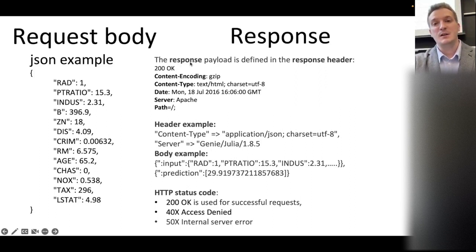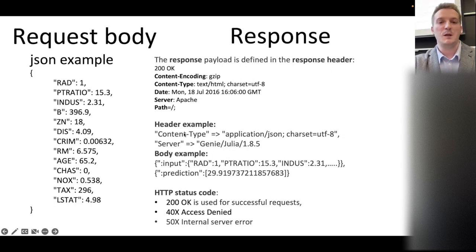Okay, so in the response we also have other kinds of headers, and these headers are even more important than the headers from the request, because they give us information that everything works correctly, or maybe does not work correctly, and what the response of our server is.